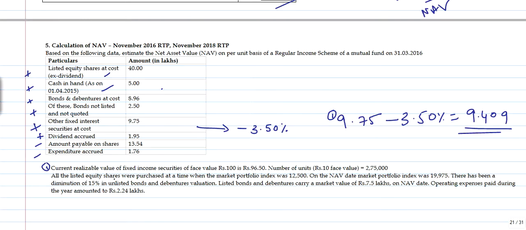All the listed equity shares were purchased at a time when the market portfolio index was 12,500. On the NAV date, the market portfolio index was 19,975. Oh, it has increased. Market value increased. We have to calculate the increase, 19,975 minus 12,500 divided by 12,500. I will do it percentage wise, it will be easy.